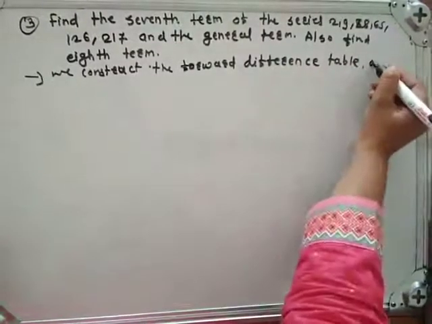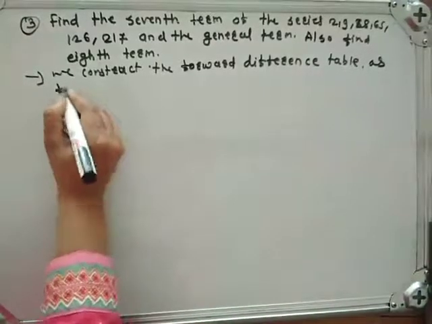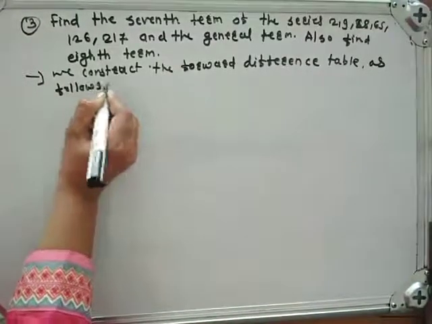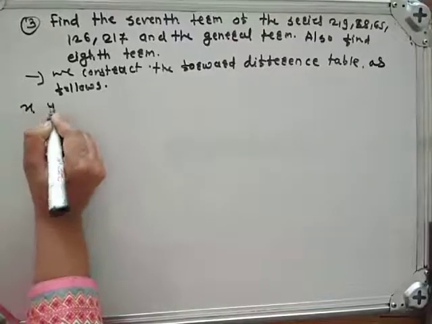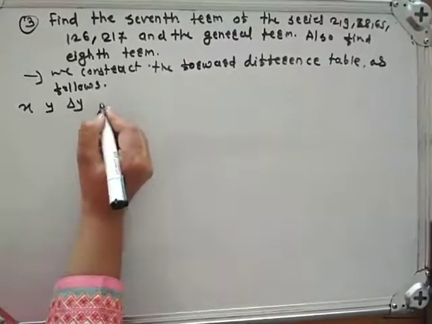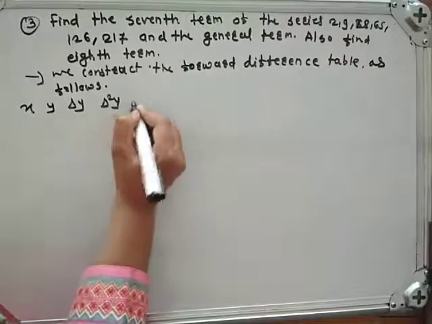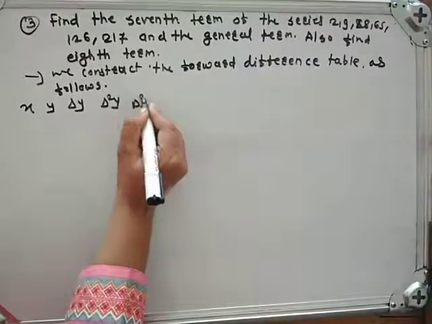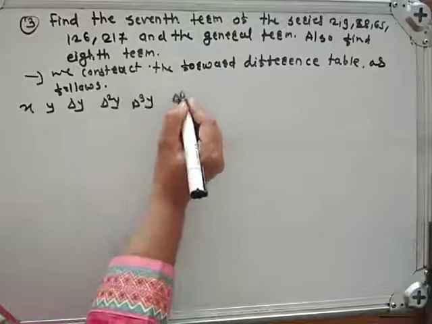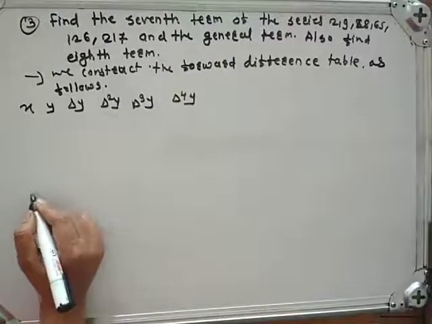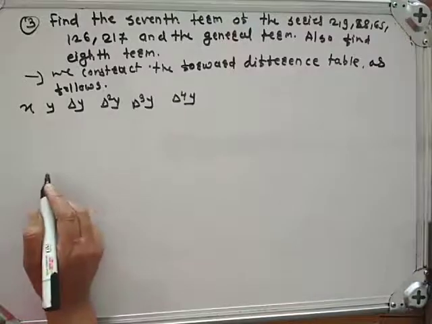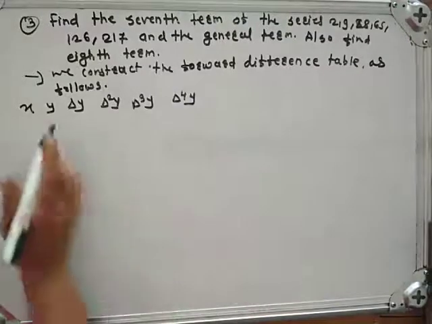Forward difference table as follows. Okay. Here x, y, delta y, delta square y, delta cube y, delta raised to 4 y. Okay. You have to find the seventh term of the series.